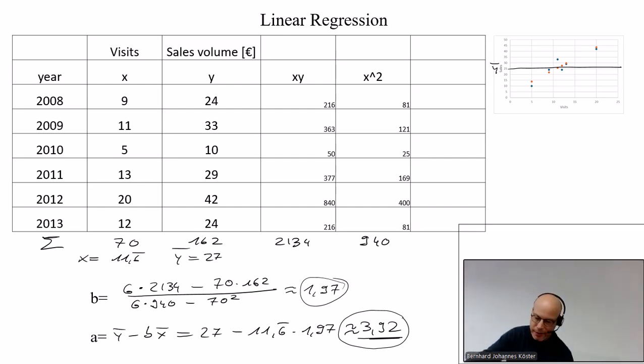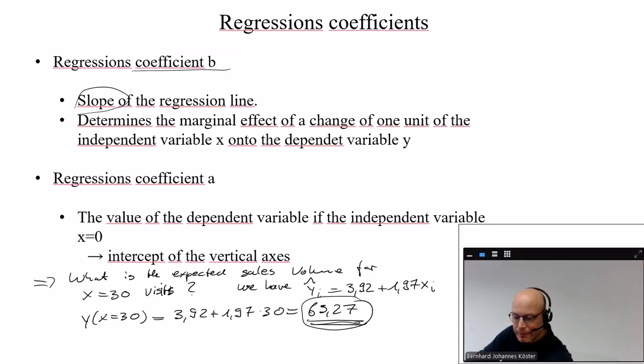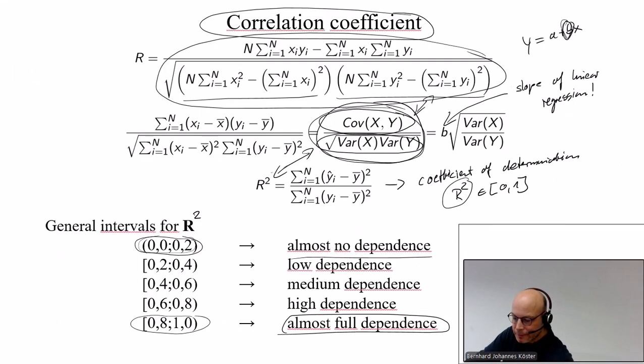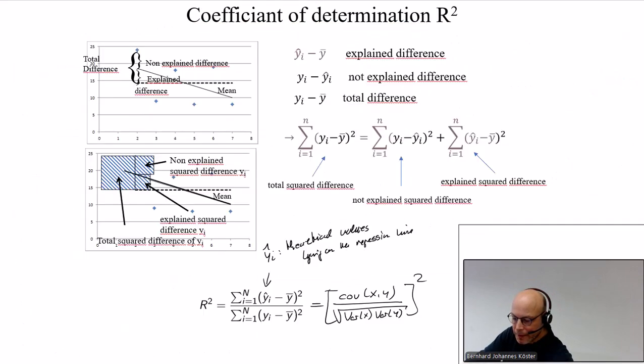And now using these theoretical points, calculating the squared distances of these theoretical points with respect to our average value, and dividing this by the total variance.